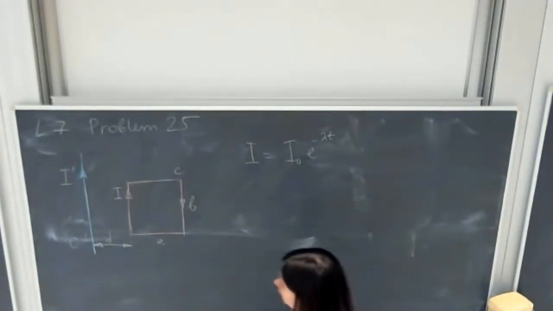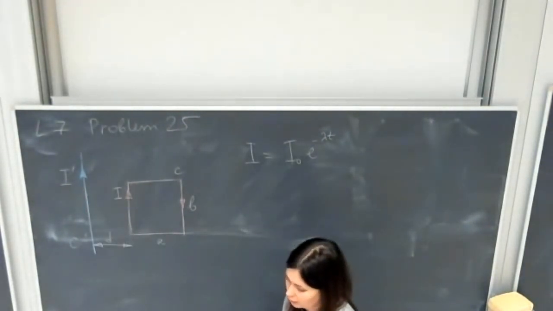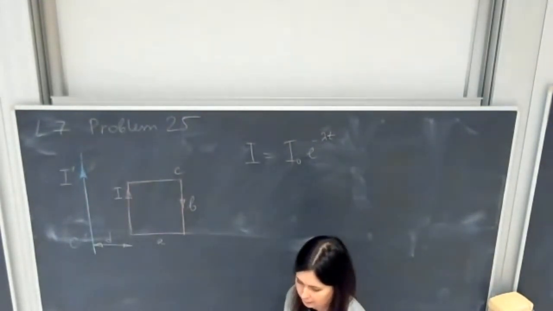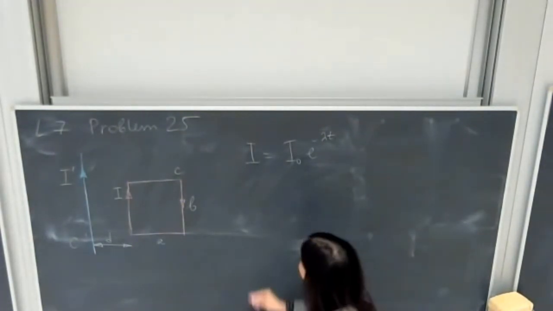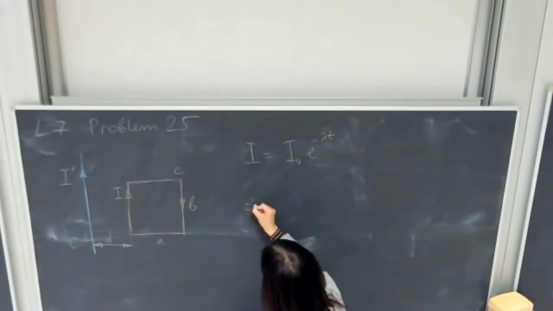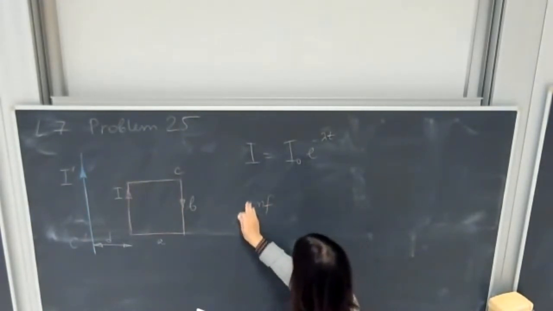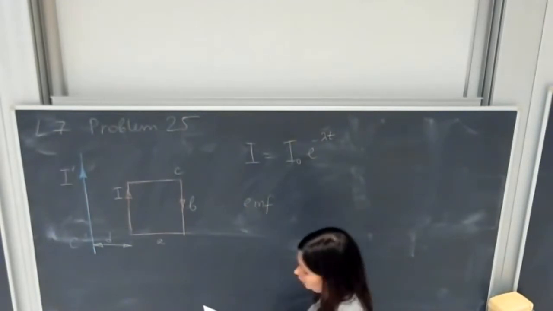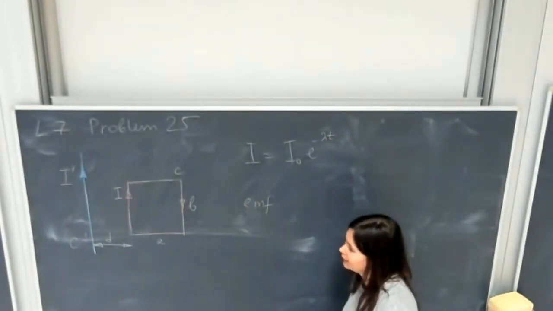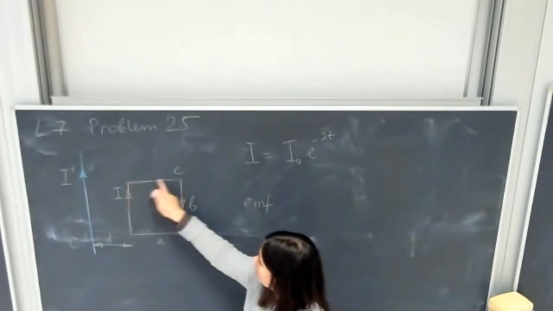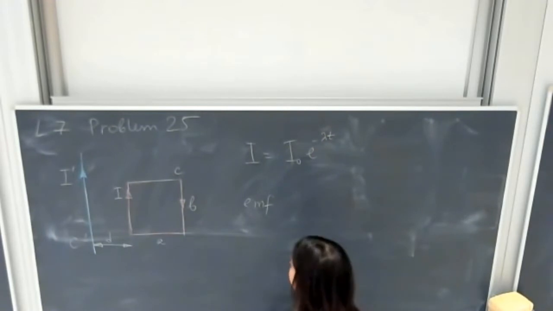So this is the current in our source, marked with prime, and we need to find the induced EMF, electromotive force, that would be produced in a rectangular circuit, this one, of the same figure.